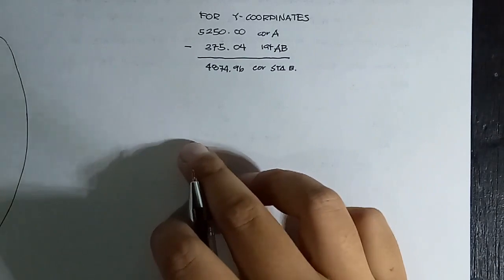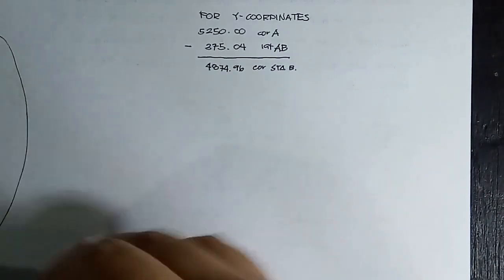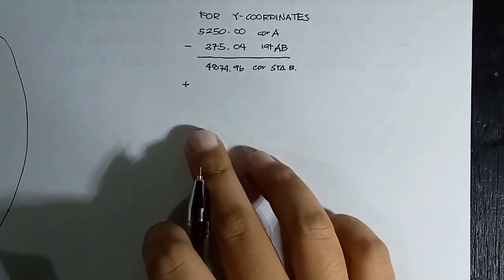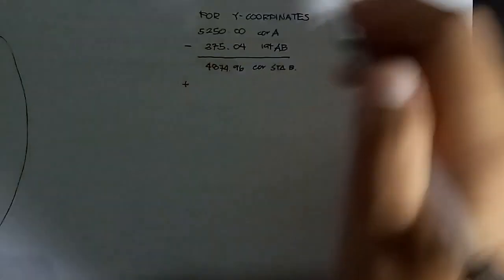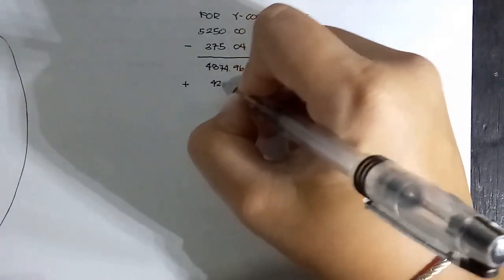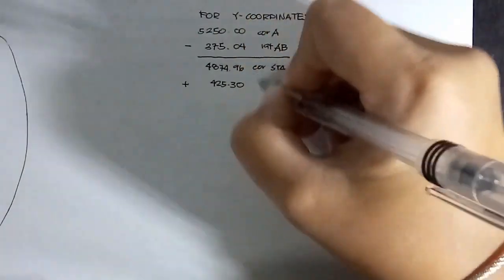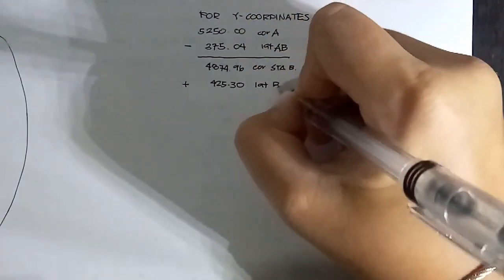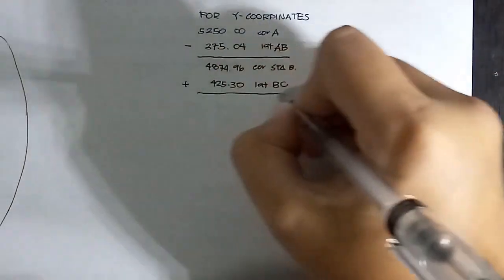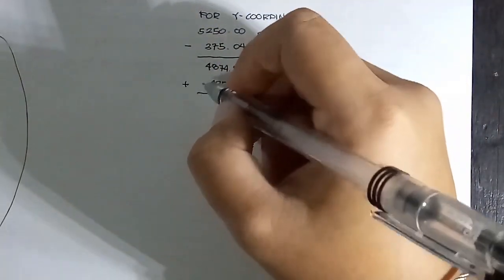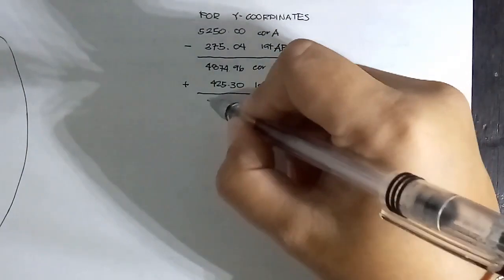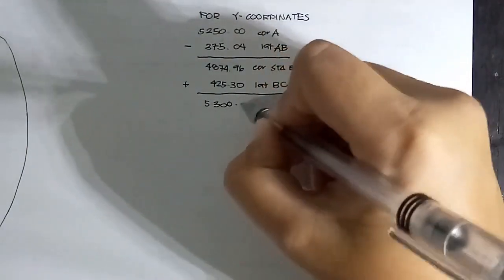Now, ang sunod naman natin gagawin is mag-a-add tayo since yung direction nung sunod na latitude is to north. So, yung value nun is 425.30. Ayan yung latitude ng BC. So, ang kalalabasan niya is 5,300.26.